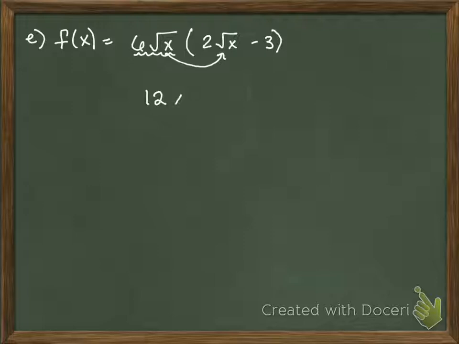So it's just x. Okay. Y'all overthink everything. Y'all need to just relax. Okay. Now, 6 times square root of x times negative 3 is negative 18 square root of x. So that's really what f of x looks like in simpler terms.